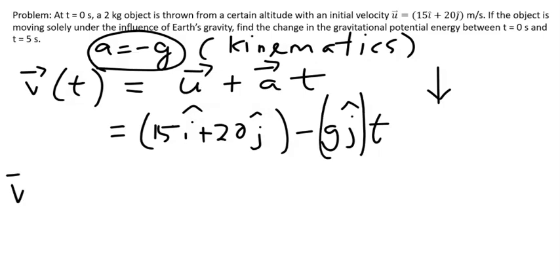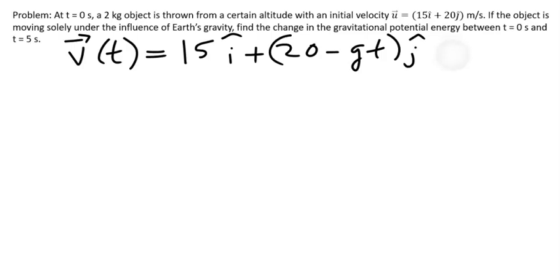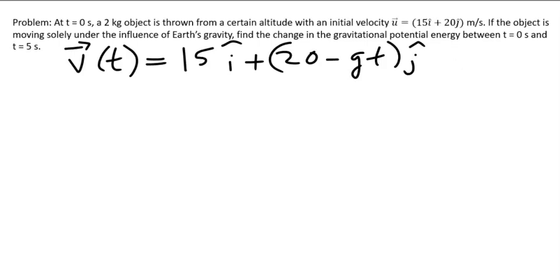So what that means is the velocity vector is quite simply 15 i hat plus (20 minus gt) j hat. Having found this expression, we can calculate its kinetic energy at any time t.